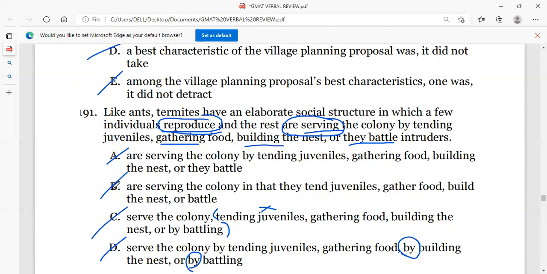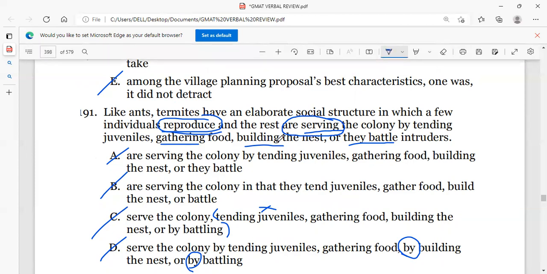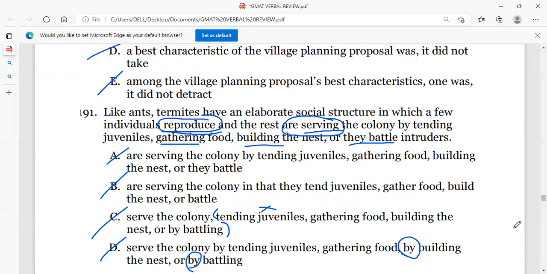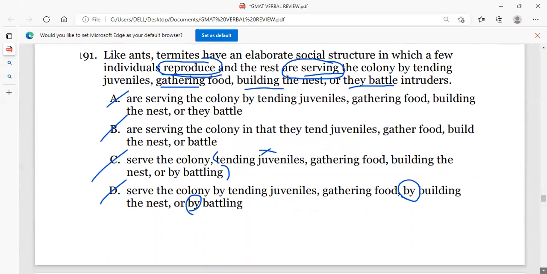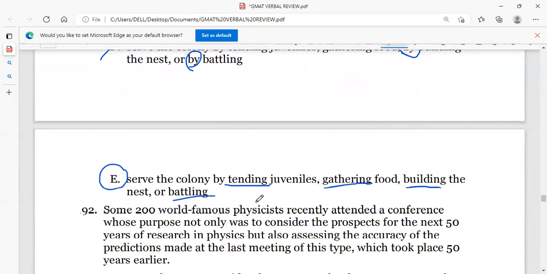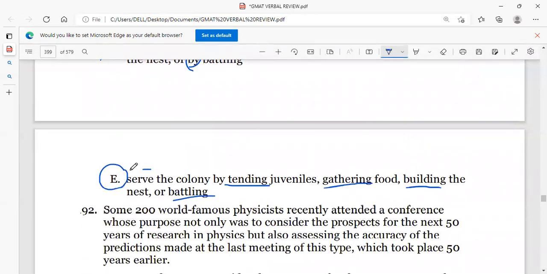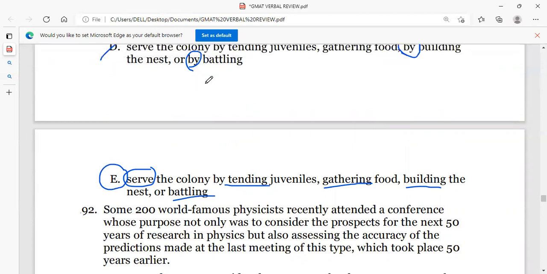We are eliminating A and B. We are left with C, D, and E. And then we are applying the theory of parallelism, which says that if it is like ing, it has to be like that, right? Again, I'm just noting this down. If you look over here, serve the colony, this is simple present. And then you have tending, gathering, building, battling. All right. I'm just noting it down. One minute.